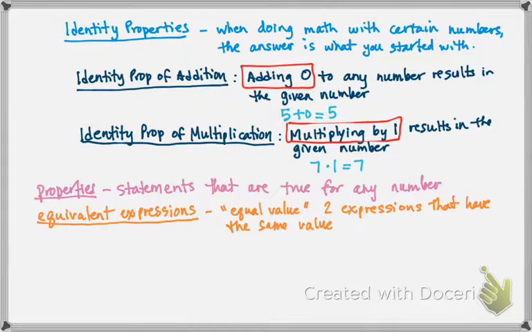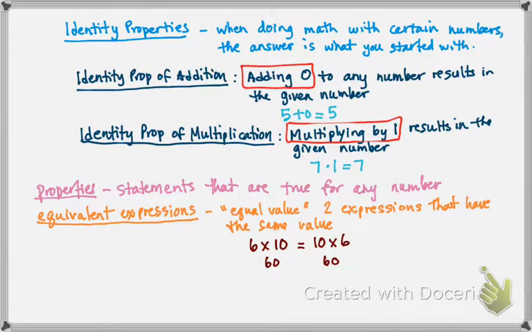Okay, so what I'm talking about is when I was doing my examples, let's say with the commutative property, 6 times 10 is going to give me 60, just like 10 times 6 is going to give me 60.